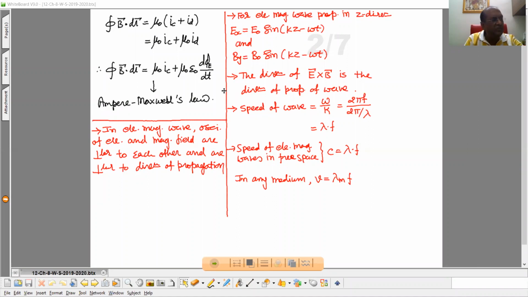Maxwell's equations are given to you in the text in that blue box, and this set of four equations is called Maxwell's equations. And with the help of these calculations, he mathematically proved that there is the existence of electromagnetic waves in nature, and light itself is an electromagnetic wave.